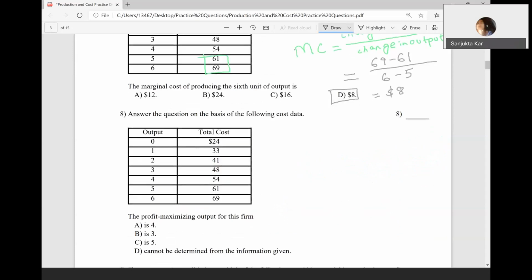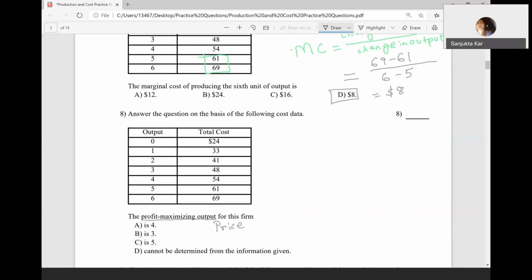Now it's telling me, answer the question on the basis of the following cost data. Profit maximizing output for this farm. I really don't know, because to find the profit maximizing output, I need the information on price, quantity, and cost.